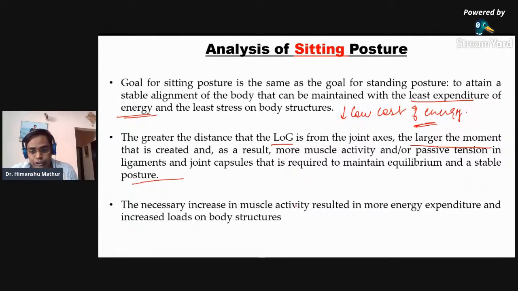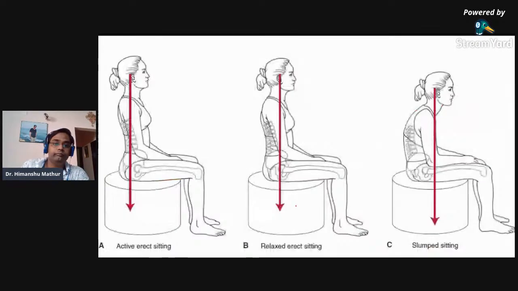If they are slouching down, more muscles are working to counteract this position. If more muscles are contracting, they are utilizing more energy. If they are utilizing more energy, the muscle will get fatigued earlier. So it is high cost energy work. So you just have to strengthen those muscles. You have to correct the posture so that you are minimizing the expenditure of energy. You are ultimately making it a low cost energy effort.